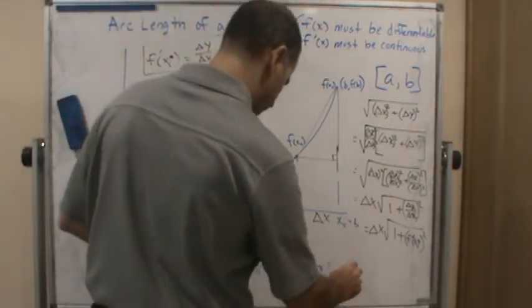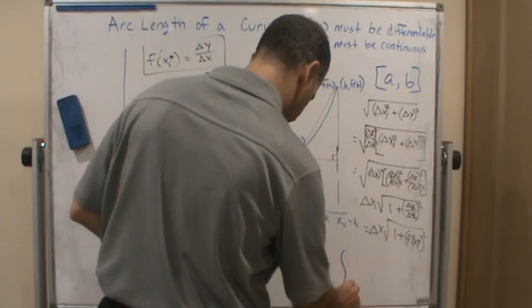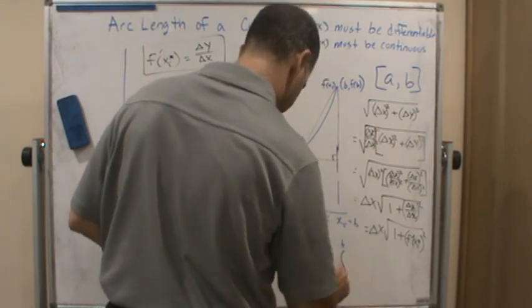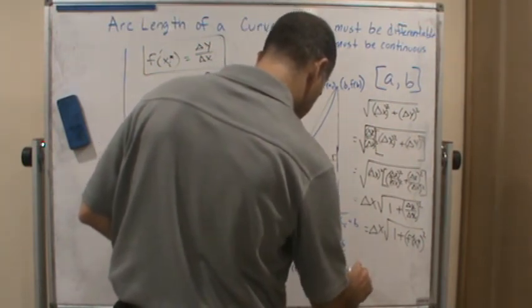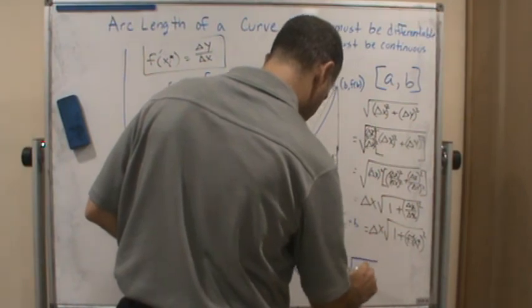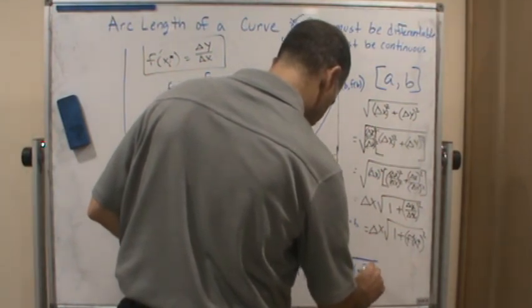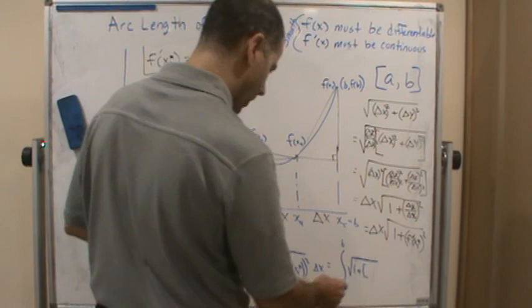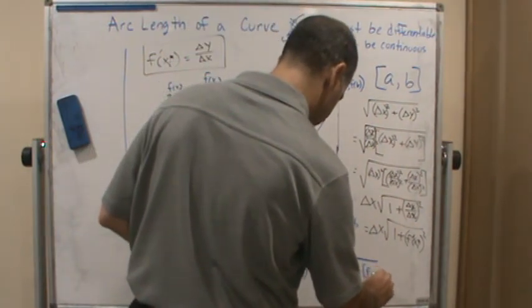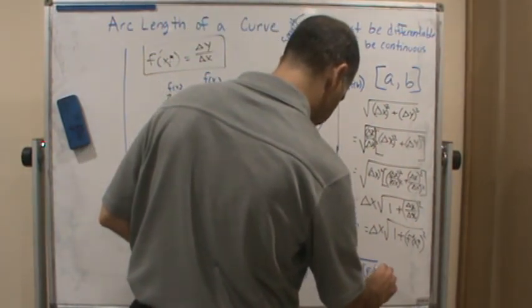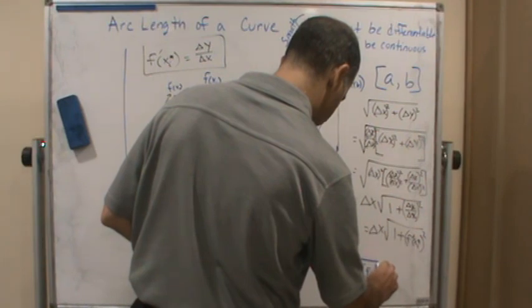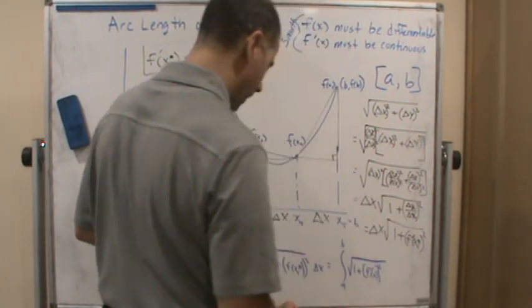This equals the integral from a to b of the square root of 1 plus, now instead of x sub i star, it just becomes f prime of x, squared, dx.